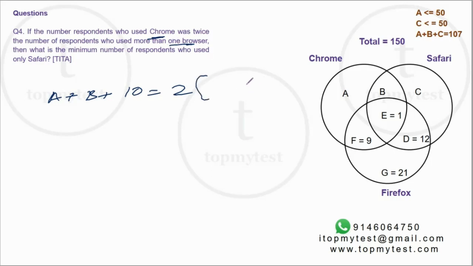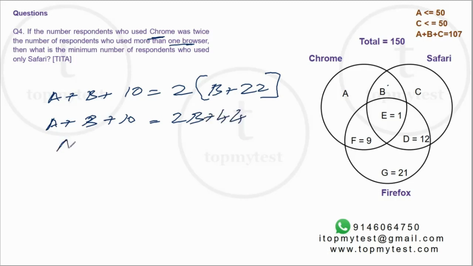More than one browser will be people who use 2 browsers and 3 browsers. 2 browsers is B, D, F. 3 browsers is E. So only thing which we don't know is B, and E, F and D will be 10 plus 12, 22. So this is the relation between A and B. So if I rewrite this, A plus B plus 10 should be equal to 2B plus 44, or A should be equal to B plus 34.